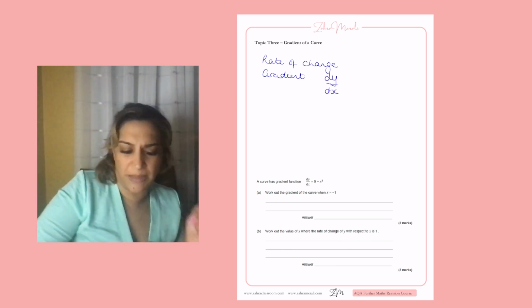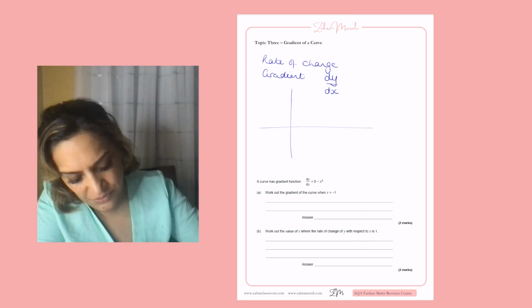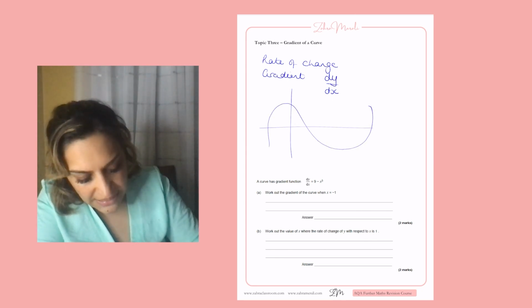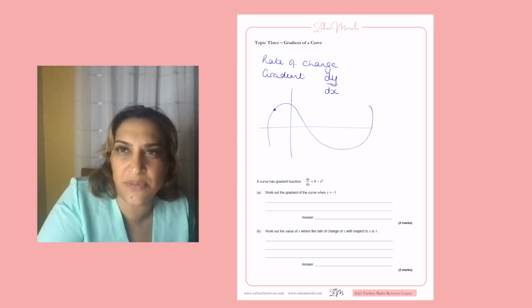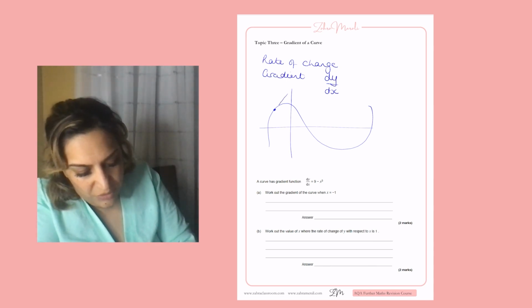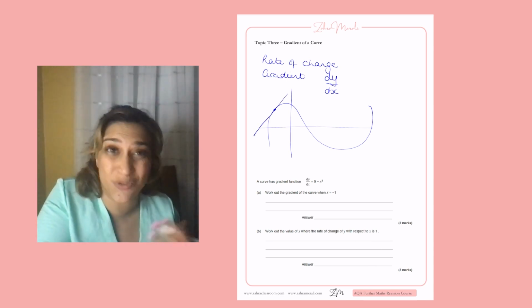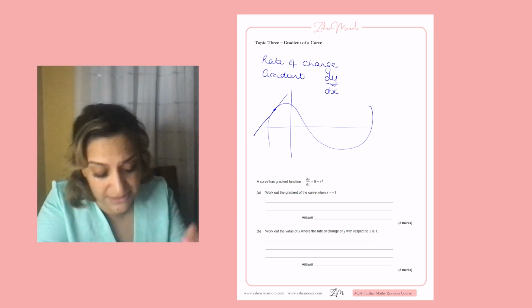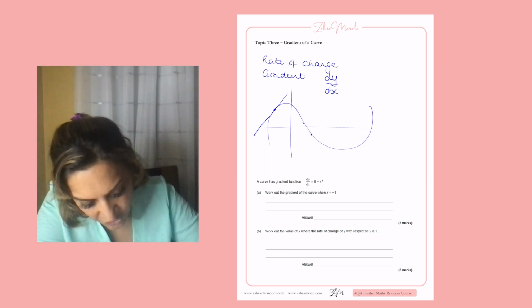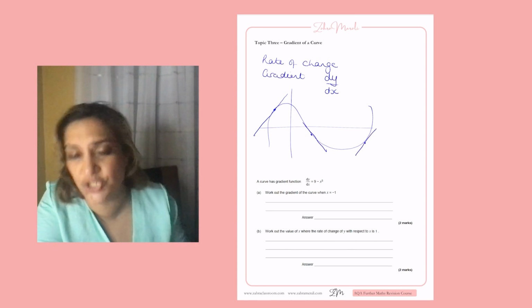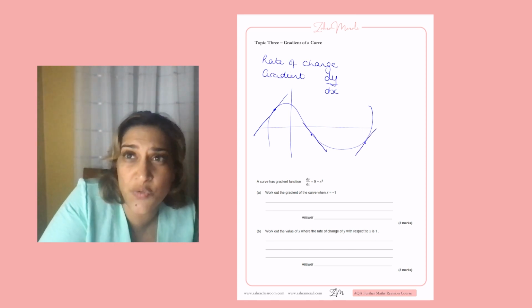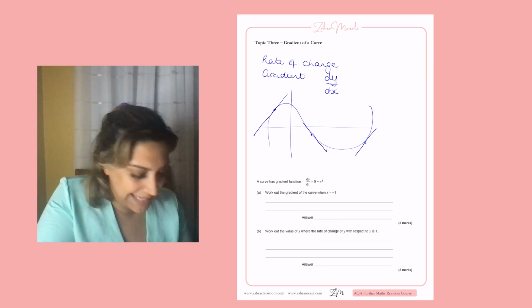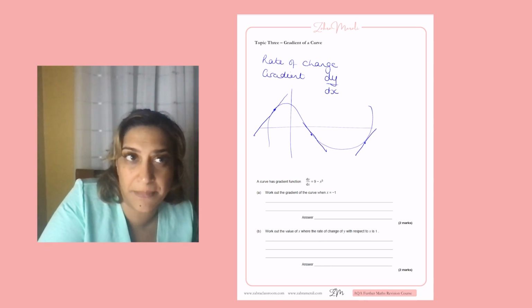So when we think about a curve, any curve at all, if I wanted to know what the gradient was there, in GCSE you'd draw a tangent and find change in y over change in x. That's all dy/dx is telling you. It's giving you, if you substitute the x in, what the gradient will be at each of those different places.